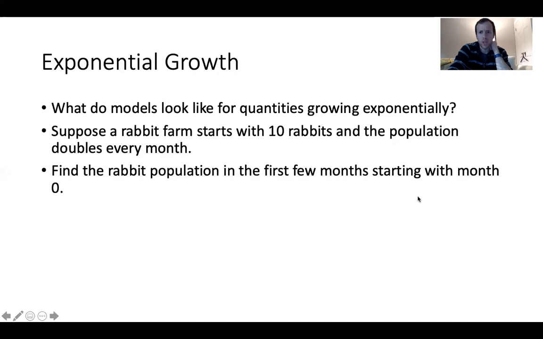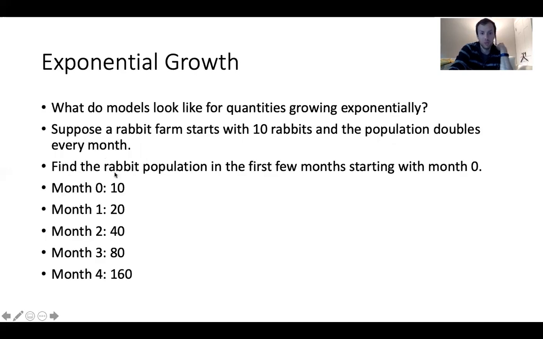Well, if we want to know what's happening every month, we know we're starting with 10 and we keep doubling. So doubling is just multiplying by 2. 10 doubles to 20, that doubles to 40, that doubles to 80, that doubles to 160.